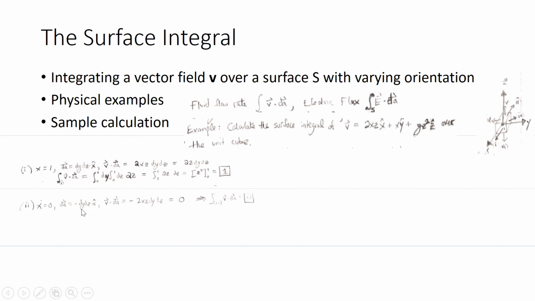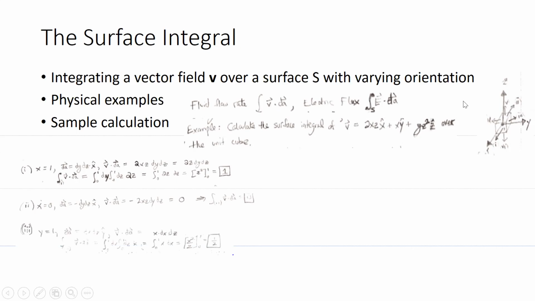So it's going to be minus dy dz x hat. So then v dot dA is going to be minus 2xz dy dz. Before we had 2xz dy dz, now we have minus 2xz dy dz. But since x is equal to 0 on this back face, the integral of v dot dA is equal to 0. So there's no surface integral coming out the back side, side 2 here.